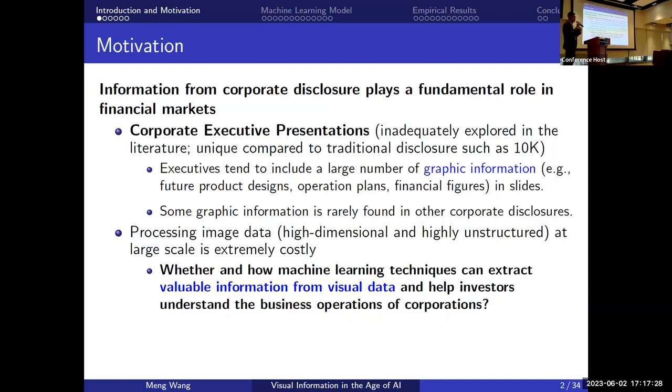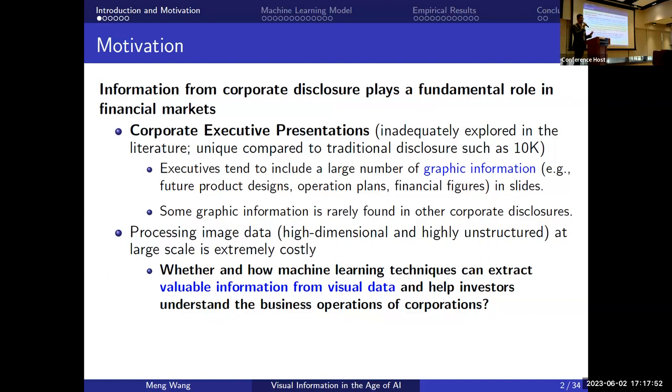So it could be, for example, a picture of a future product design. It could be a picture of operation plans. It could also be a picture of just some financial figures or some unqualified pictures like logos or meetings. And sometimes some graphic information is rarely found in other corporate disclosure. So there are so many types of pictures in those slides.